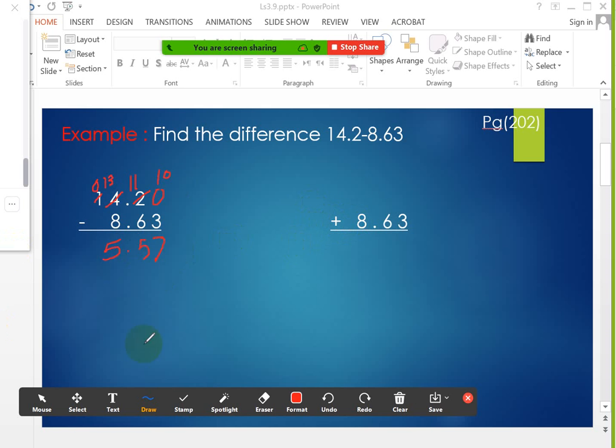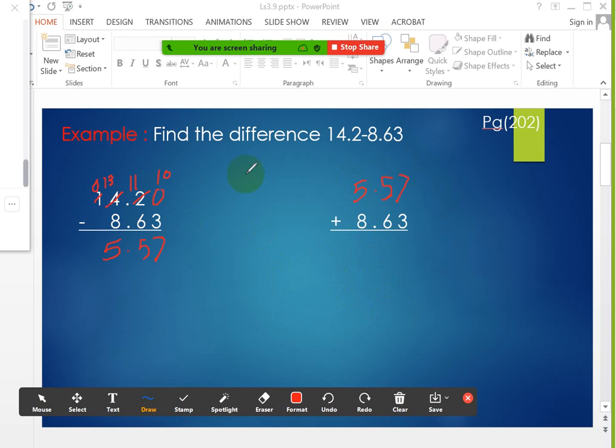I will take this answer 5.57 and add it to the smaller number 8.63. If the answer is the same as the bigger number, that means my answer is correct.